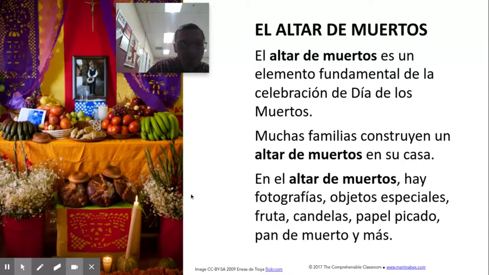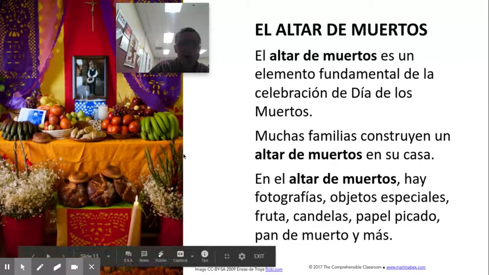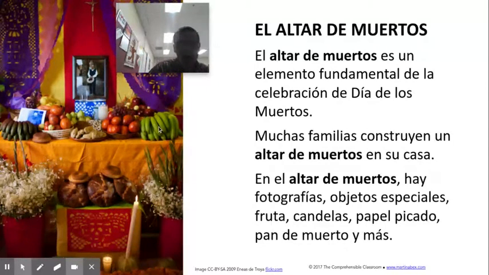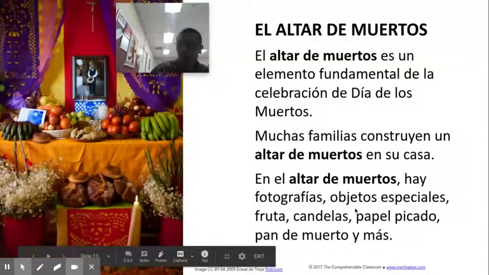Objetos especiales. Let's see if we can find any objetos especiales. I don't see any. No hay objetos especiales. Hay fruta, sí, los plátanos, las bananas son frutas. Estas, quizás tomate. Aquí, uvas son frutas. Candelas. So here, this is a candela, right?